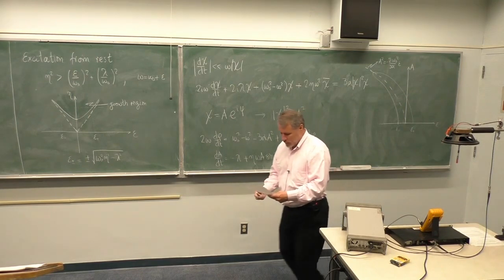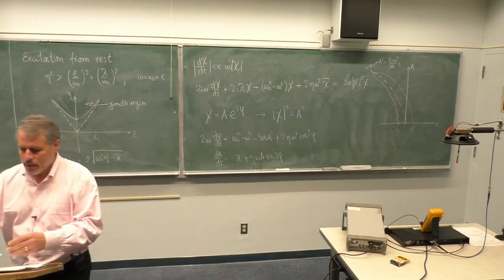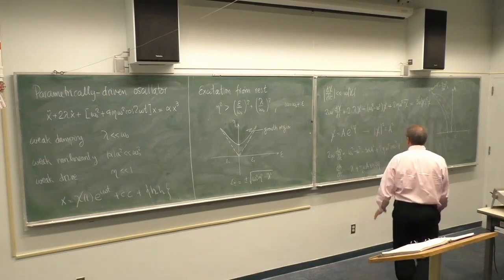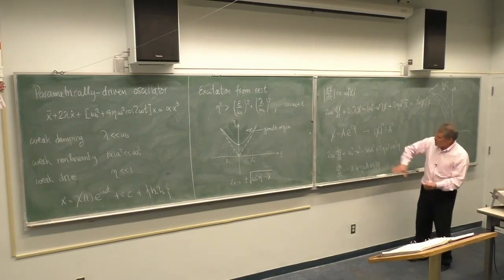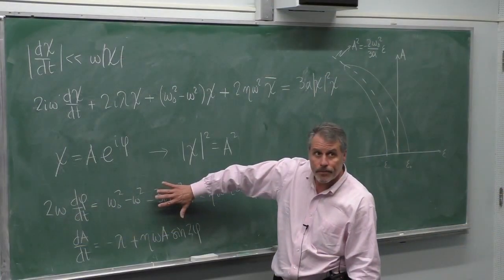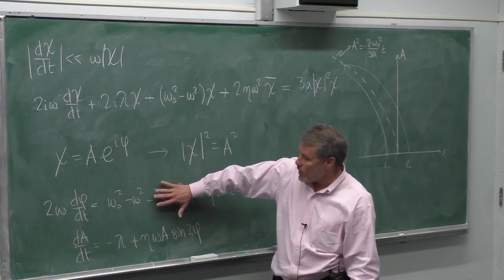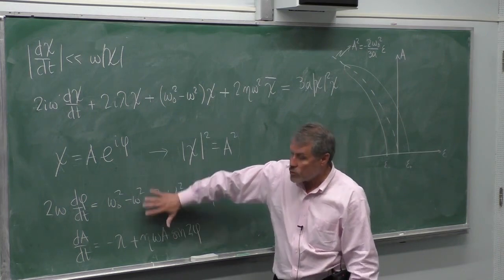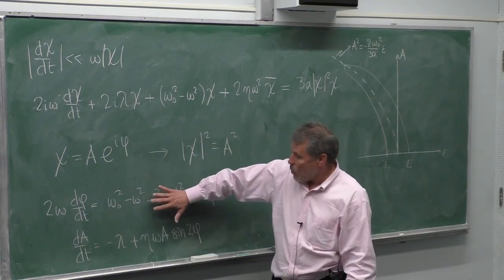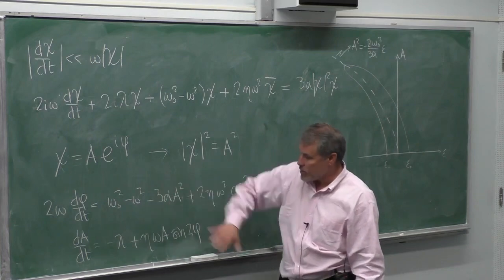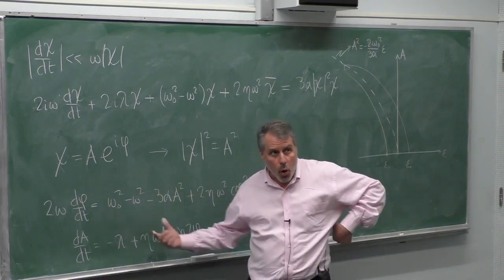So what we did yesterday, for the linear case, for the excitation from rest, was that we didn't have this term. That term was not there. We looked for solutions to these two equations where the phase is constant, without that term, and the amplitude grows.